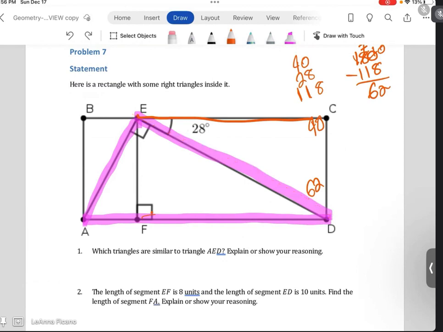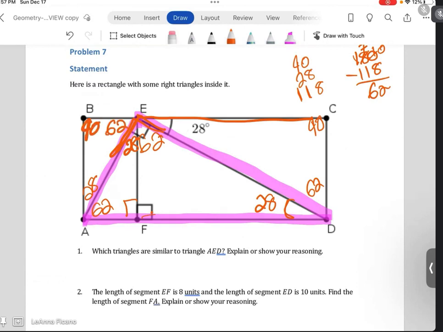Okay, so this is going to be alternate interior angles, so this is going to be 28. And this is fully 90, and we now know 28 plus 62 is 90, if you didn't know that before. And we know that this is also 90, so that's going to be 28, and this is 90. And this is going to be 62 then, 28, 62, and 90. Okay, so now we have all of our angles, right?